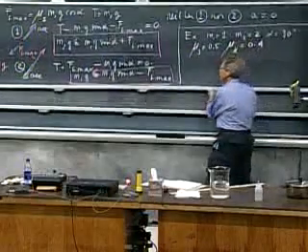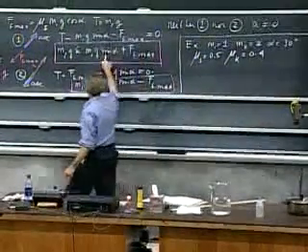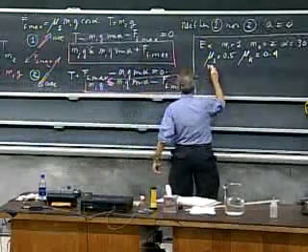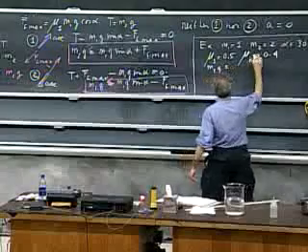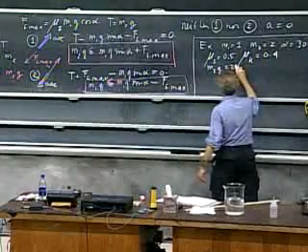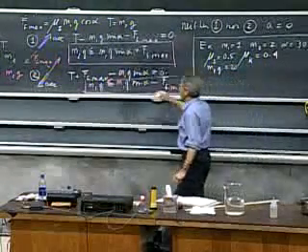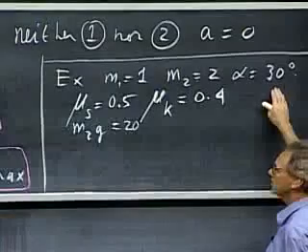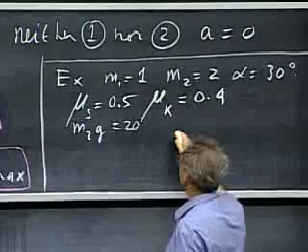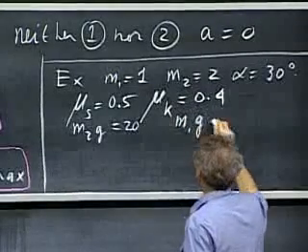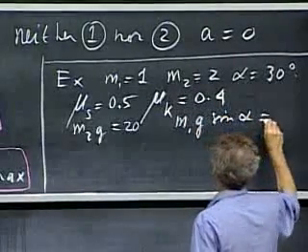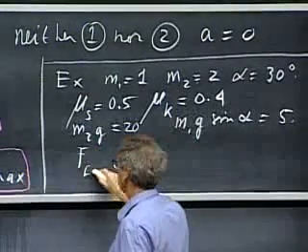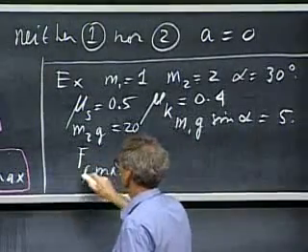What it comes down to is that we have to evaluate these three terms. Let's first take m2g. m2g equals 20. We'll just take for g 10, that is just easier. m1g sine alpha, the sine of alpha is a half, so that is 5. m1g sine alpha equals 5. And what is f friction maximum?